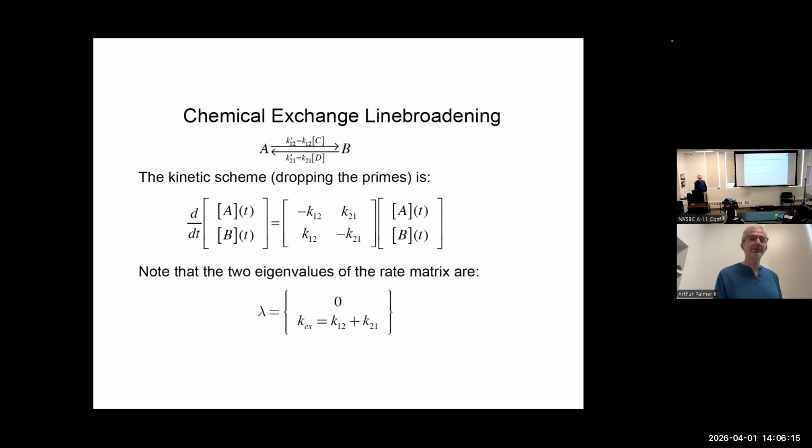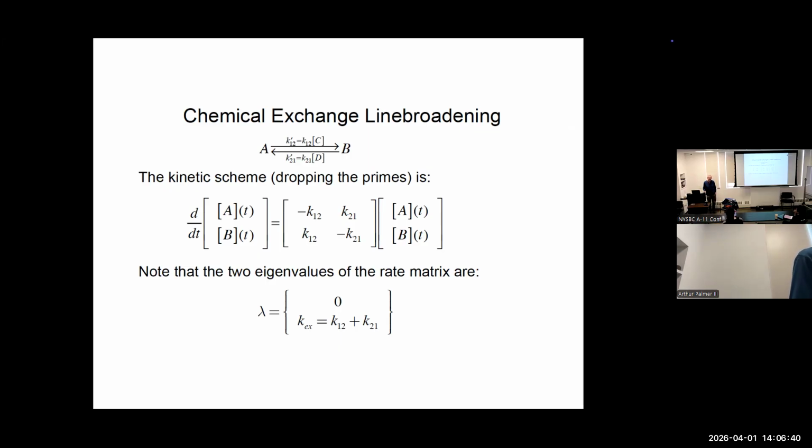Now the rate matrix turns out to only have two eigenvalues. One of them is 0, and the other is the sum of the two rate constants. And that's why k_ex, the sum of the rate constants, comes up over and over again in these problems, because there is no other real time constant. It's just the sum.